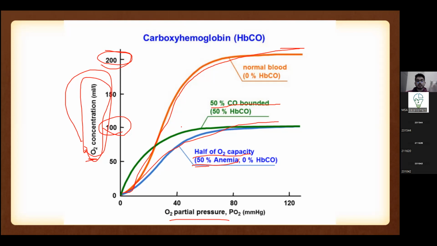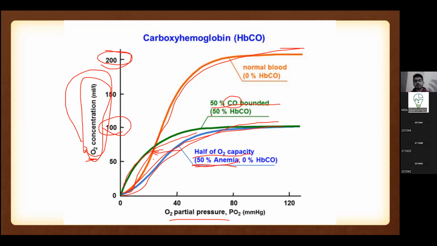You might assume that because the 50% anemia and the carbon monoxide binding both have 50% concentration, both of them should have the same shape of graph. However, you can see that the green graph is a little bit shifted to the left of the blue graph. And what did we say shift to the left means? It means that there is an increase in affinity.